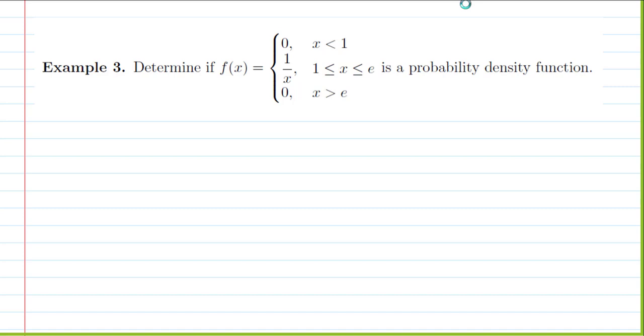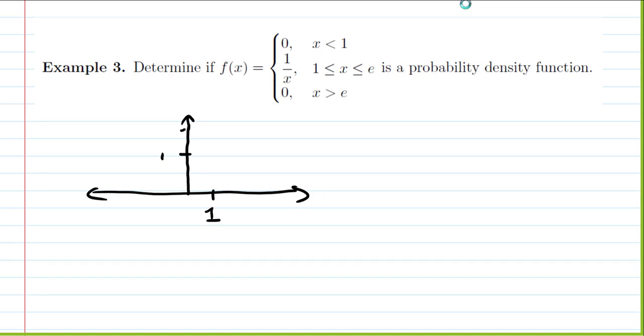All right. So we want to determine if this is a probability density function. So we have a piecewise defined function. It is equal to 0 for all x values less than 1. It's equal to 1 over x for x between 1 and e. And then once we get to e, its value once again drops to 0, right? So if we were to draw a sketch of this graph, so that's 1.